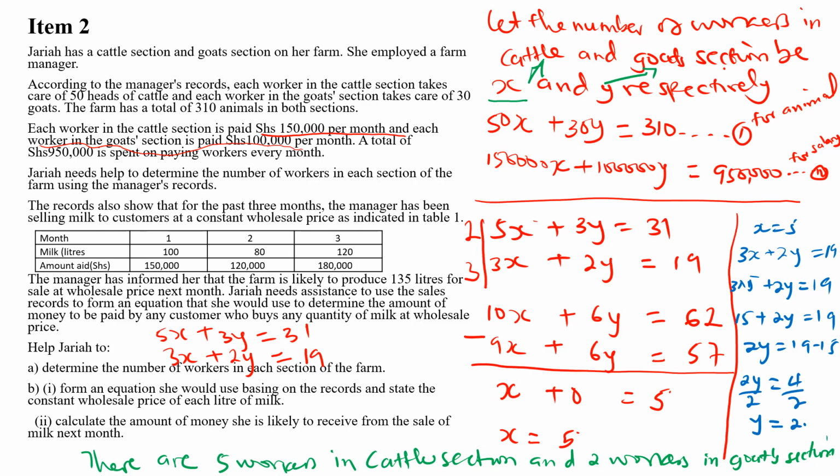So that's how we would respond to the first part of item 2. Seniors, master these simultaneous equations. They are very important in our day-to-day life. So allow me take off this, and then we run to the second part of that item.